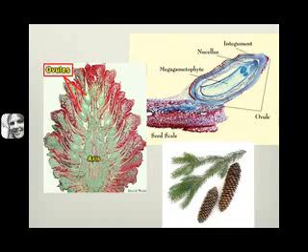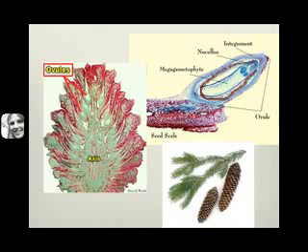Well, inside the megasporangium, there is the cell called the megasporocyte, or the megaspore mother cell. That cell is going to undergo meiosis to produce 4 megaspores. 3 of those megaspores will die, and 1 will become the megagametophyte.